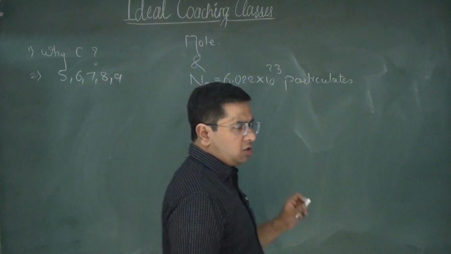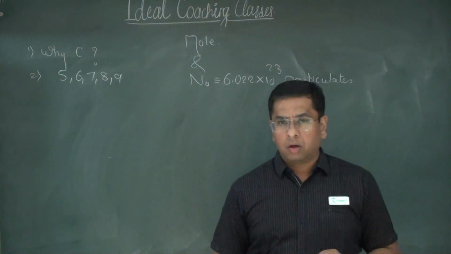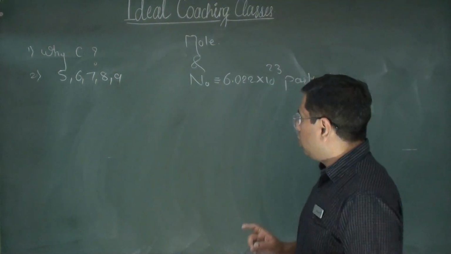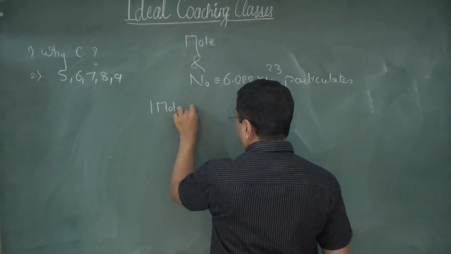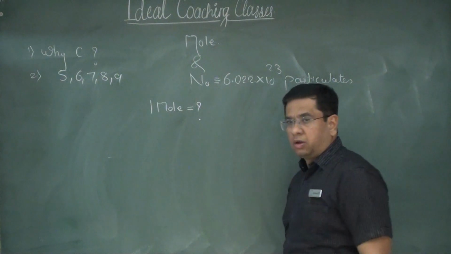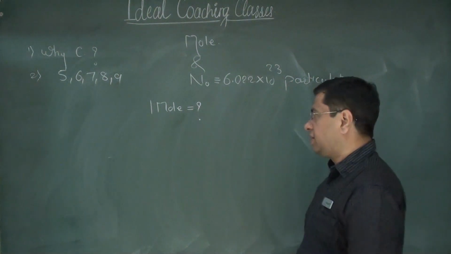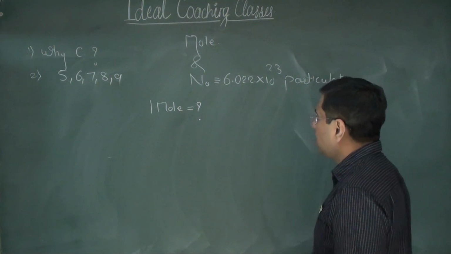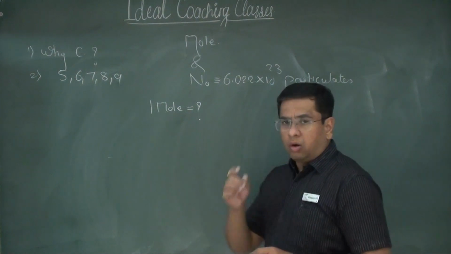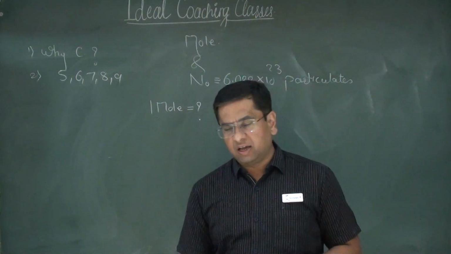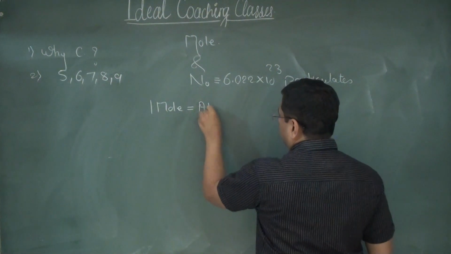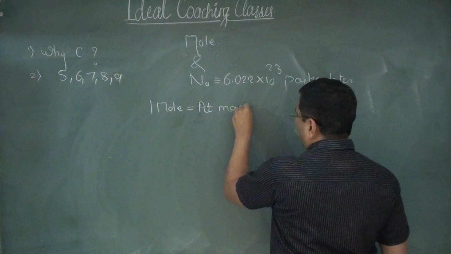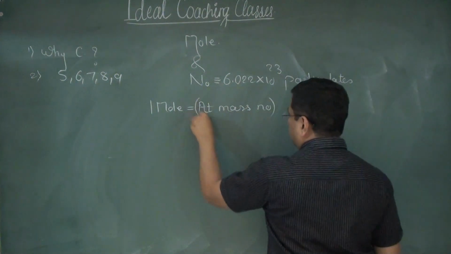So what we saw was what is 1 mole, and 1 mole of a compound. 1 mole of a compound means what? For example, let us take a very simple example. What I had told you was 1 mole of a compound is nothing but its atomic mass number in grams.